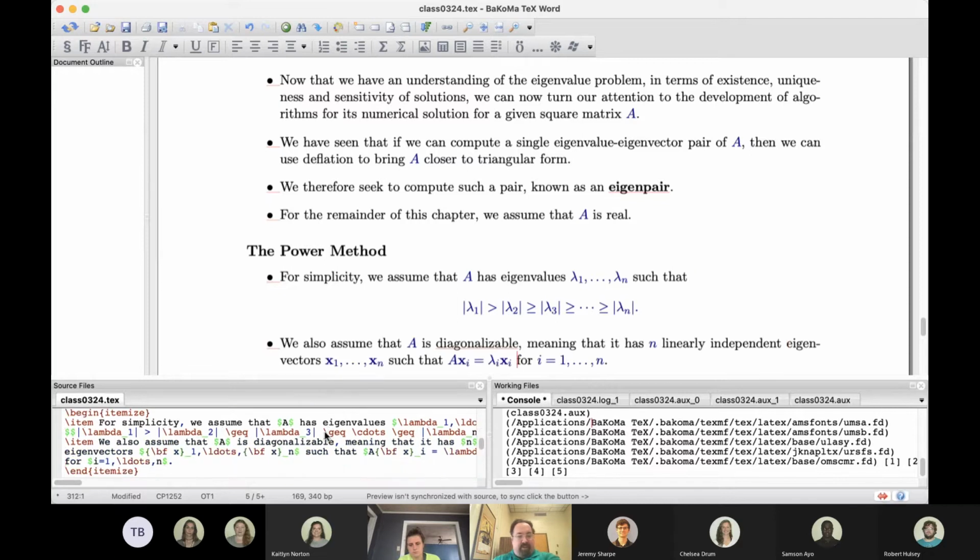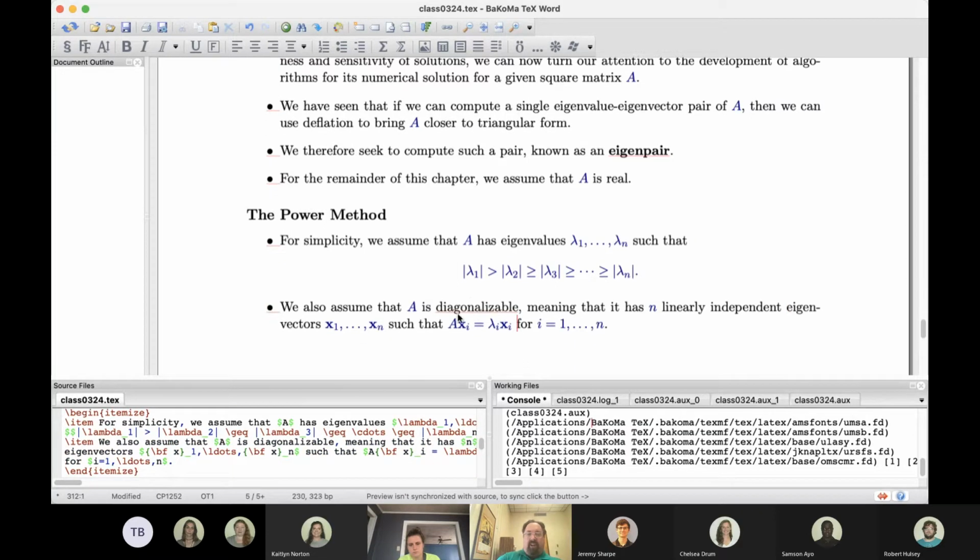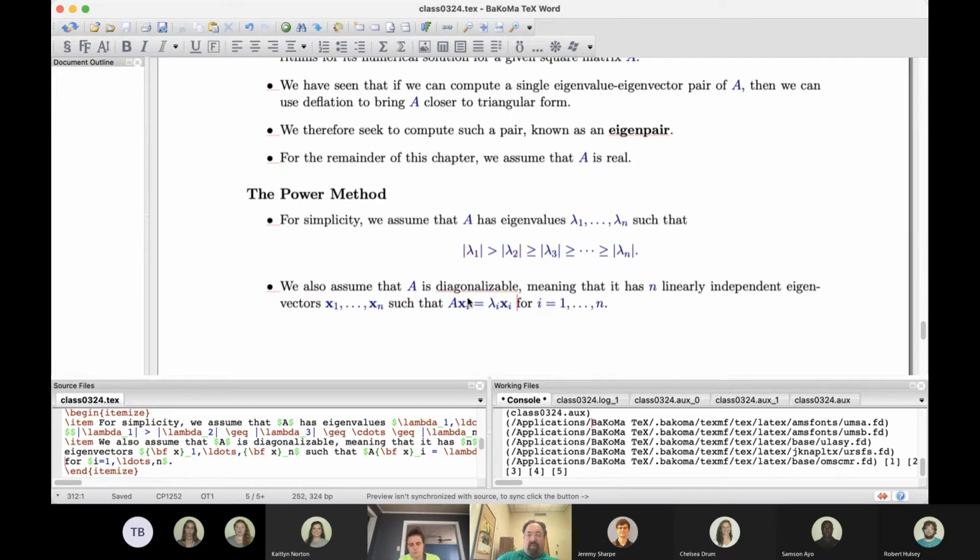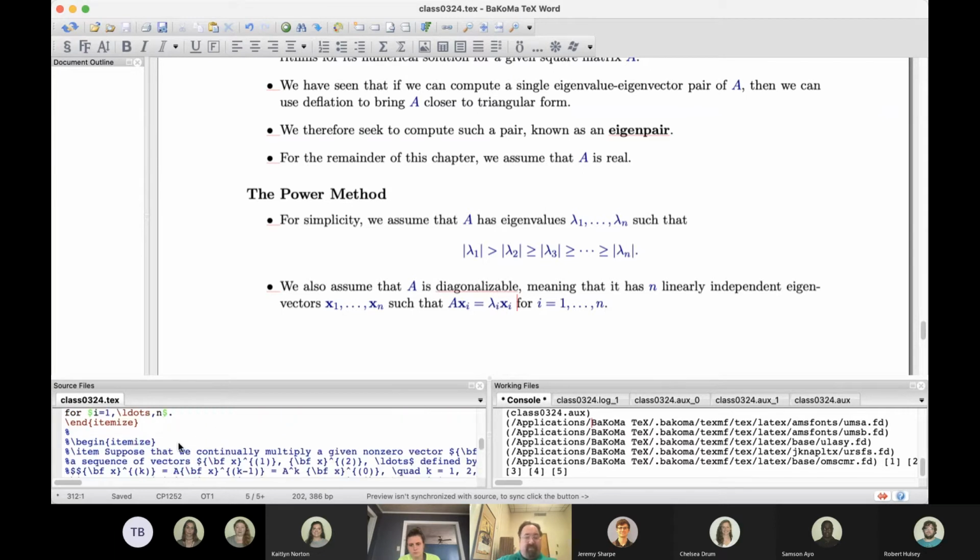I'm also going to assume that A is diagonalizable. That's not necessarily true, but it simplifies the discussion. So here are n linearly independent eigenvectors with these corresponding eigenvalues. It's not really a requirement for the method, but it helps to understand why it works.